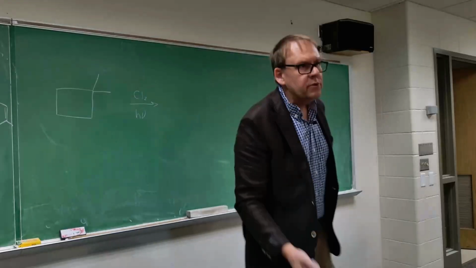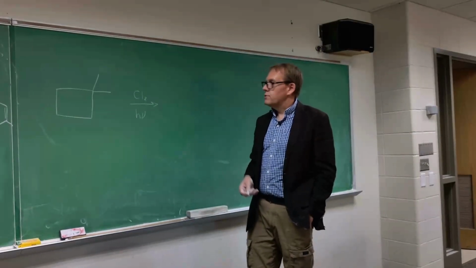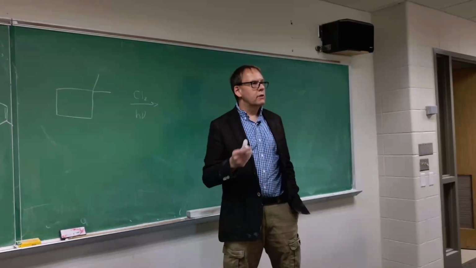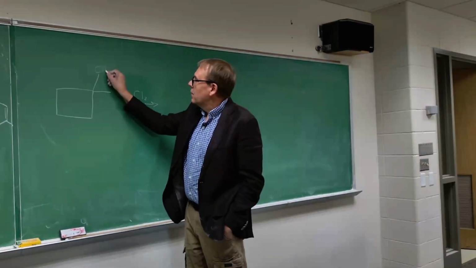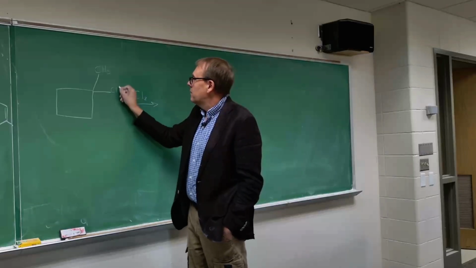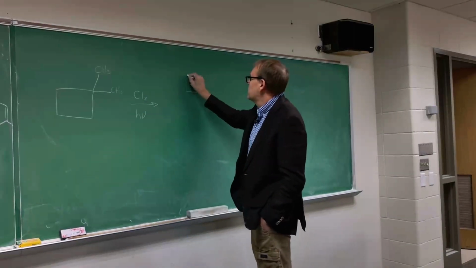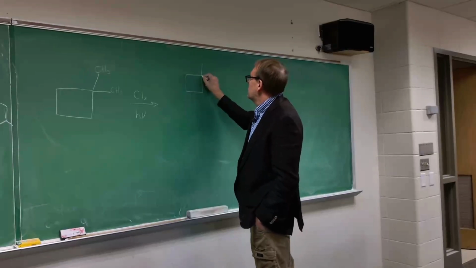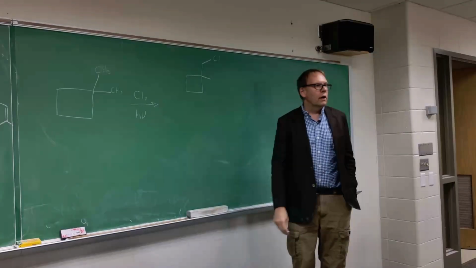So what I'm going to do is draw all 4 because, yeah, let's do it. You've got to figure out where there are H's that could be abstracted. We've got methyl groups here, methyl here, methyl here. So let's go pick on one of those first. Okay, there is one right there.